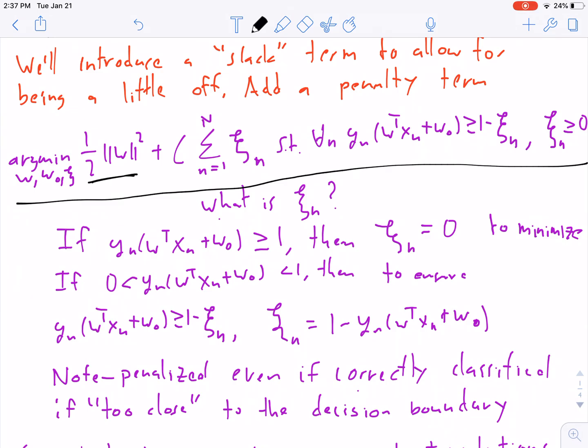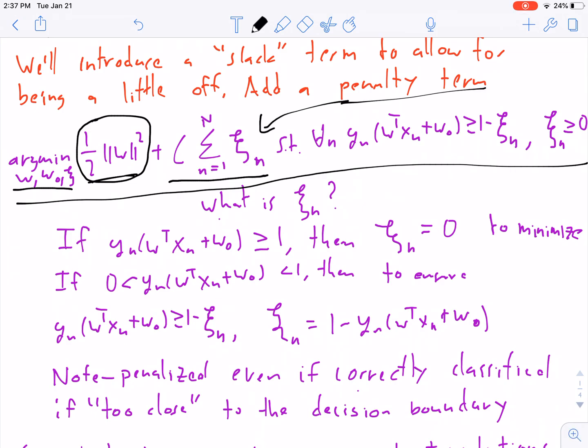So again, we are taking the minimum over w, w naught, and in this case also our slack terms, of 1/2 times the norm of w squared, which we had before. And now we're adding some constant c times the sum over all data points of the slack variables. So this is what I was saying by adding a penalty term.